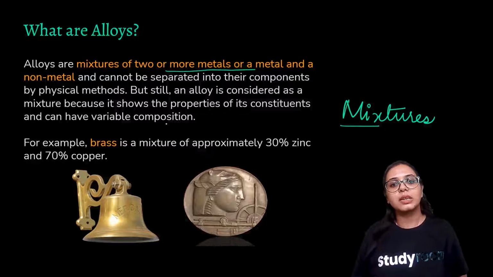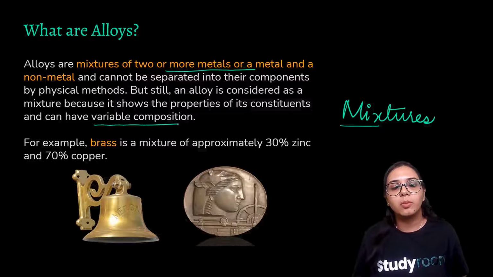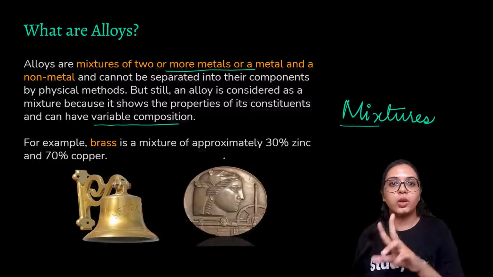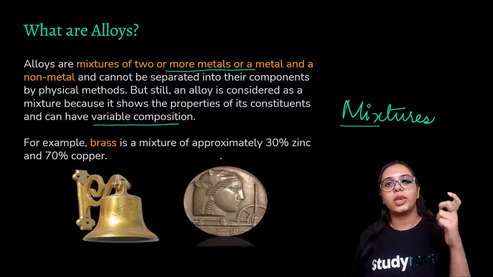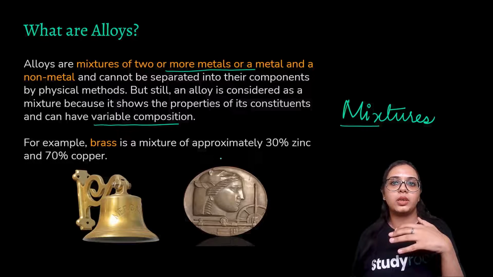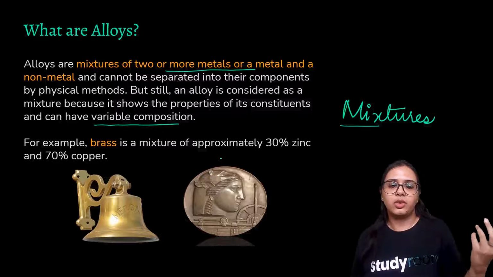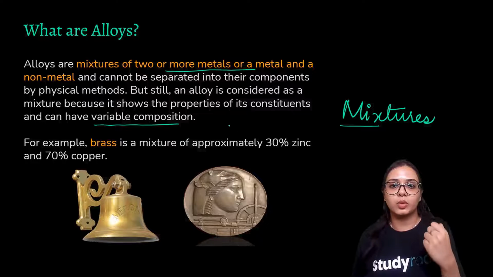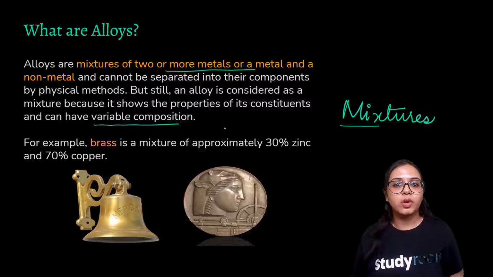Variable composition means that they can exist in variable amounts. Say in one alloy mixture there are two types of particles, A and B, so A can be more in one, B can be more in the other, and like that. The other more important reason why an alloy is called a mixture is because it shows the properties of its constituents.